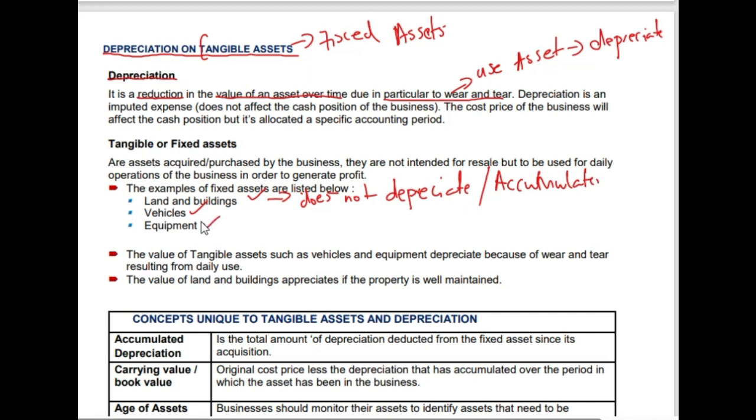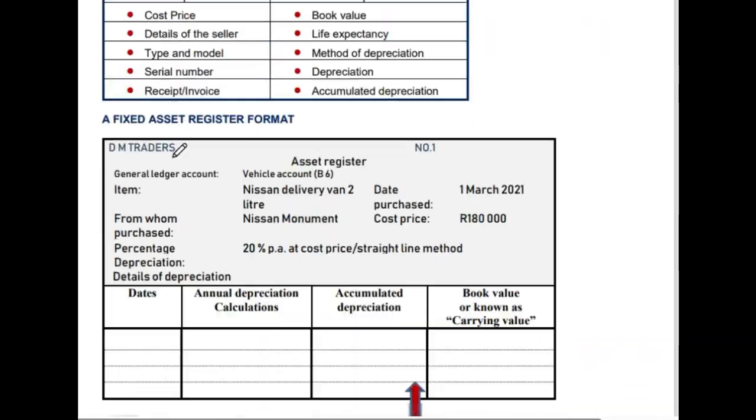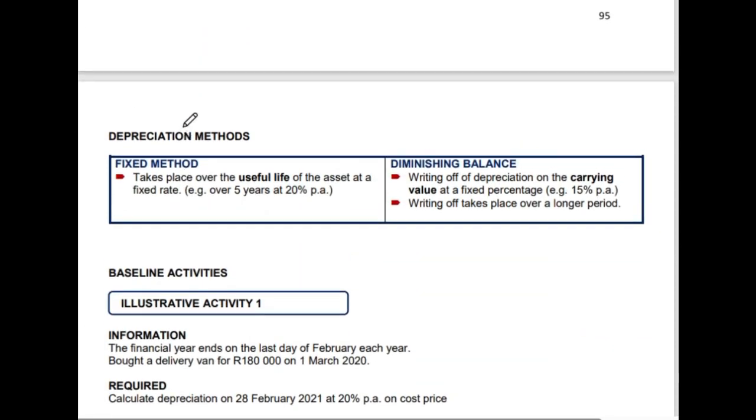So guys, let's take a look at the different methods we are going to use whenever we calculate depreciation. We have the fixed method. What is the fixed method? It is something that is fixed, something specific, and it takes place over the useful life of the asset at a rate, for example over 5 years.